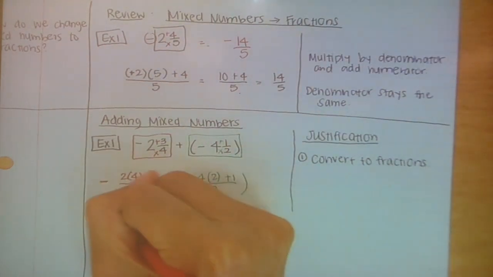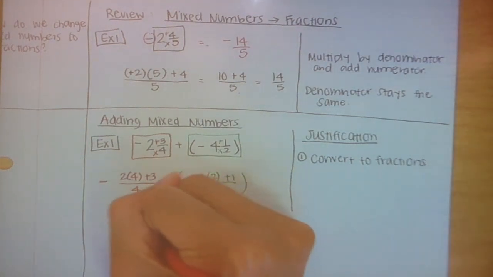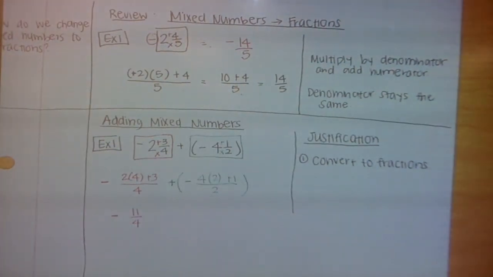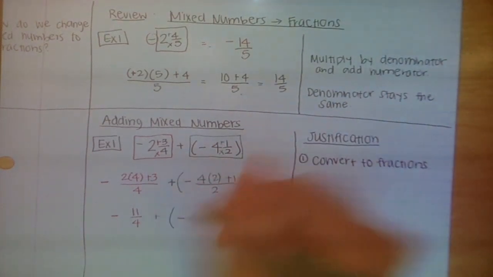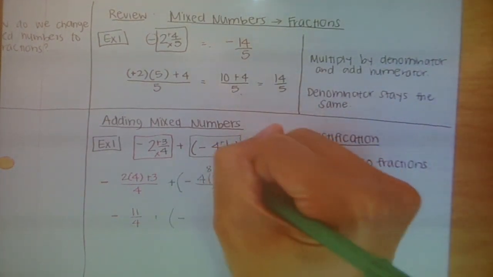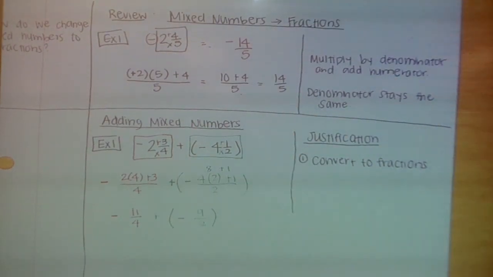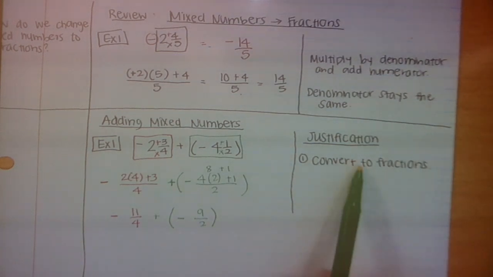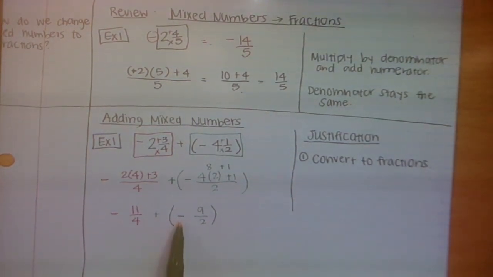So this is going to be -4 times 2 is 8 plus 3 is 11 over 4. And I'm going to add a -4 times 2 is 8 plus 1 is 9 over 2. So all I did was the first step, which is convert them to fractions. So I have a -11/4 plus a -9 over 2.